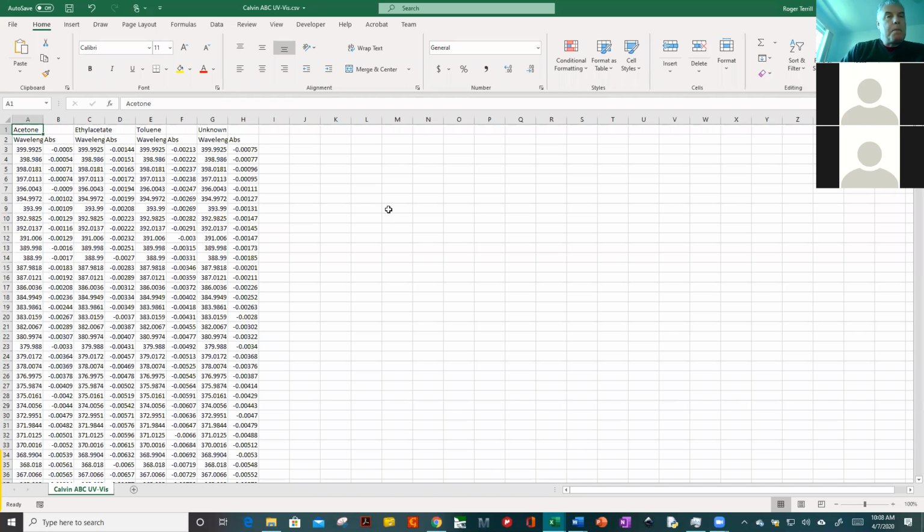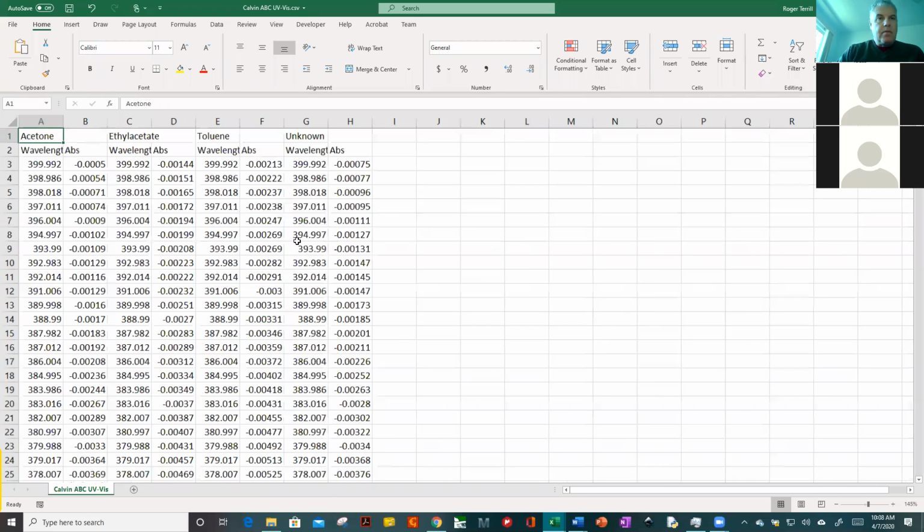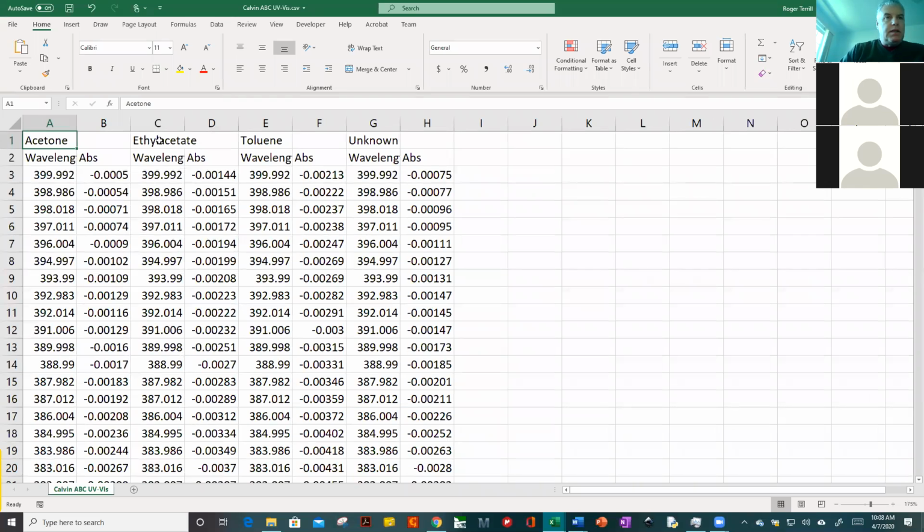Alrighty. So what we did was I gave everybody in the class standards of acetone, ethyl acetate, and toluene, and an unknown mixture of these three, right? And we have the approximate composition. That's not a problem.